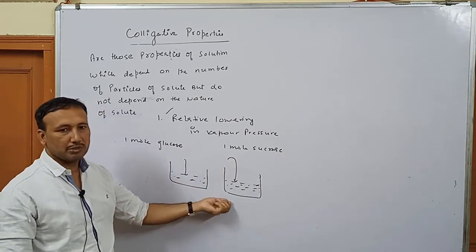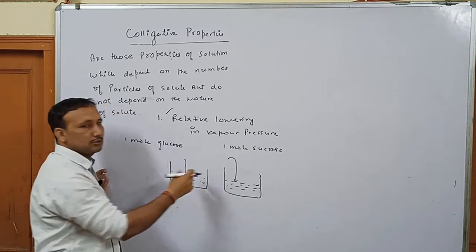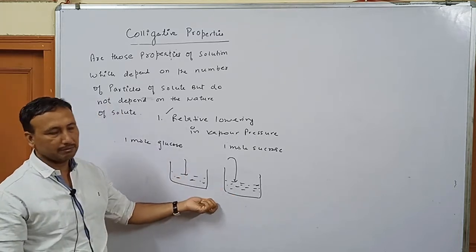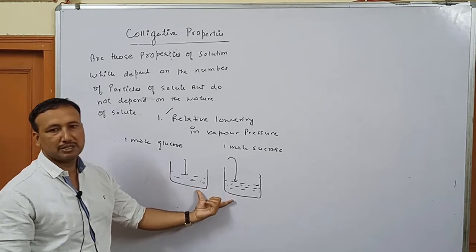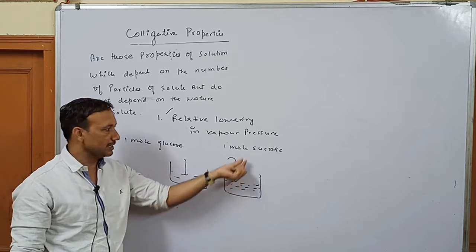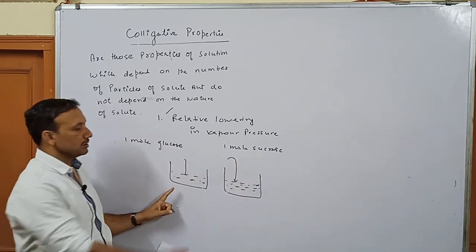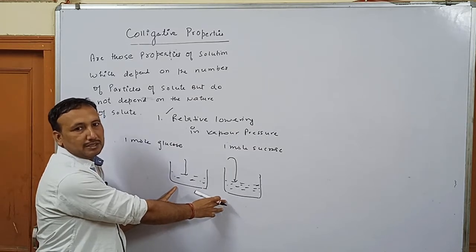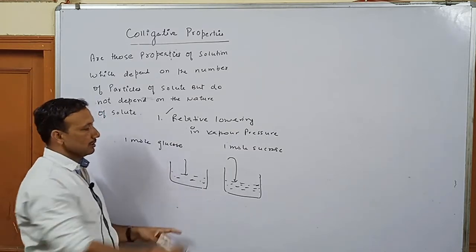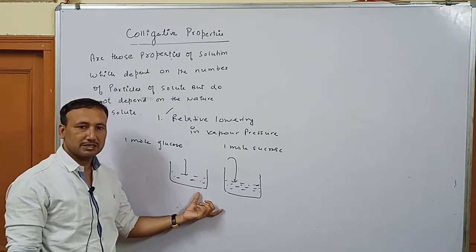Then we observe that the lowering in vapor pressure of both solutions is the same, because both have the same amount of solute, 1 mole each. So both have the same vapor pressure because the number of particles of solute is the same.